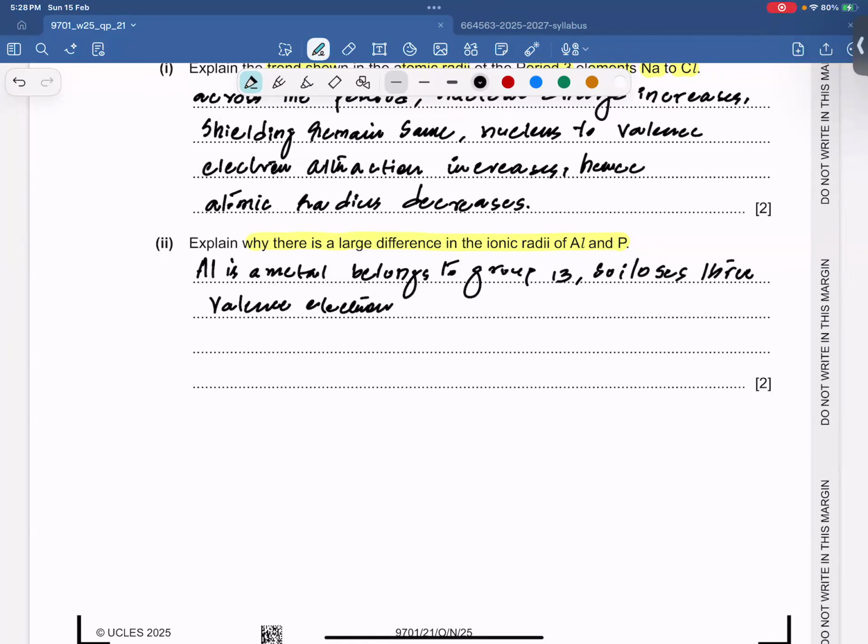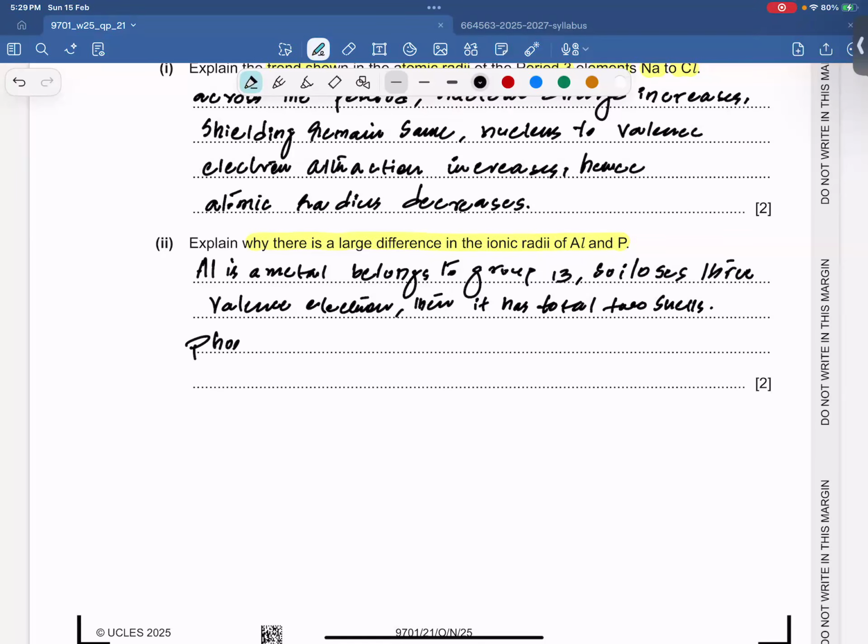And when it loses 3 valence electrons, obviously then it has a total of 2 shells.